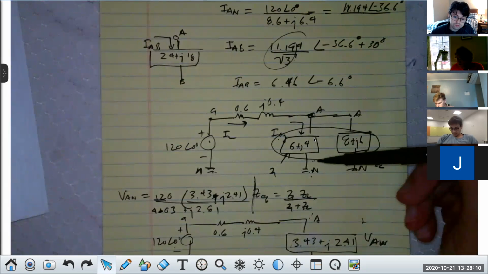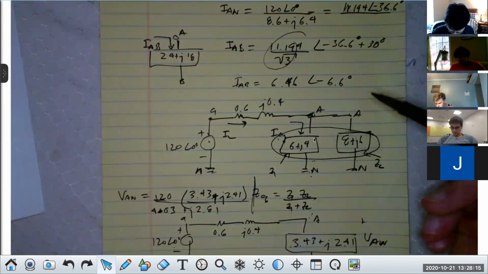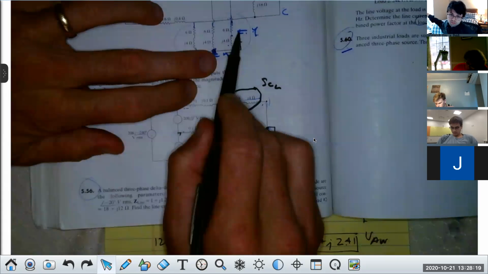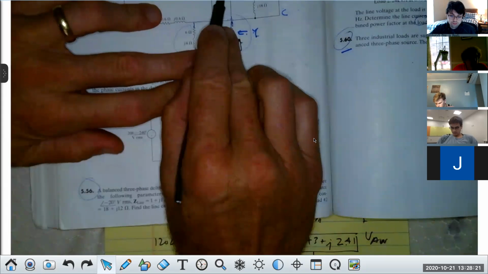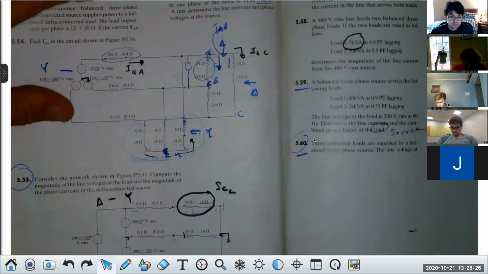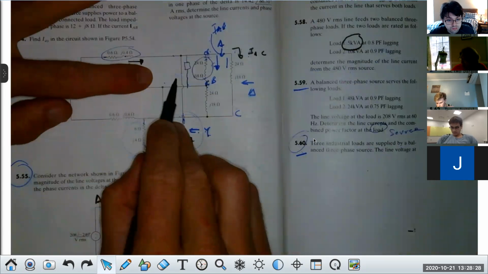Does everybody see that? That's the load where they want the current, isn't it, class? And if you look at the original problem, they want the current flowing. You can't see it, it's very light, but it's light blue IAY. Now you have it in your OneNote. If you print out OneNote, you'll see it.